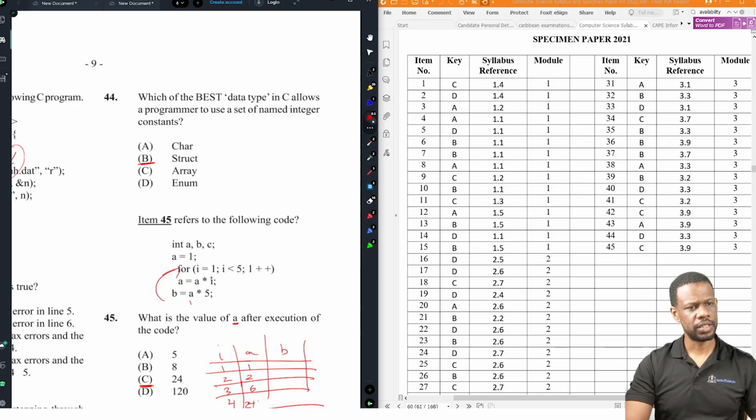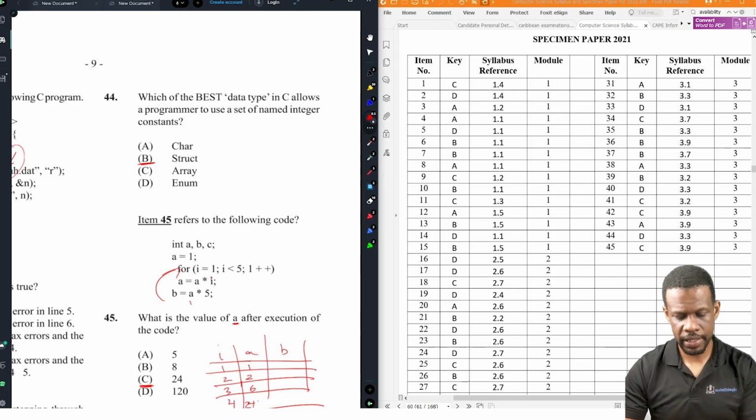Enum in C, let's grab enum in C. Enumeration is a user-defined data type in C. It's used mainly to assign names to integral constants. The names make a program easy to read and maintain. Well, apparently it's a thing. I've never taught a student this in my life. Yeah, enum is a thing. Named integer constants.